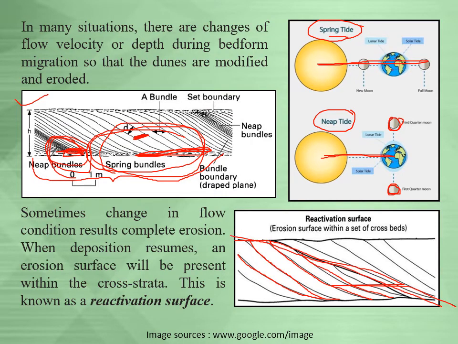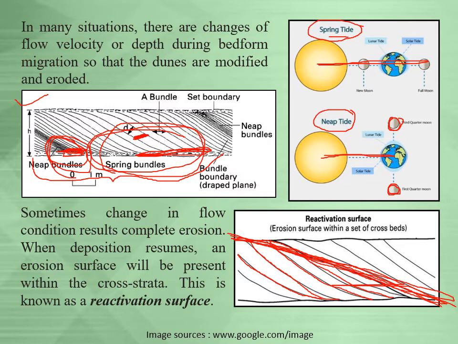And after this, suppose this is a flash flood, so suddenly a flash flood came, and that will be due to the higher amount of water coming when the energy condition is also very high, and that will result in erosion of this part. No deposition occurs.